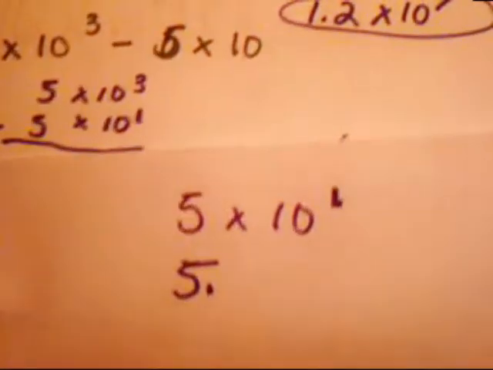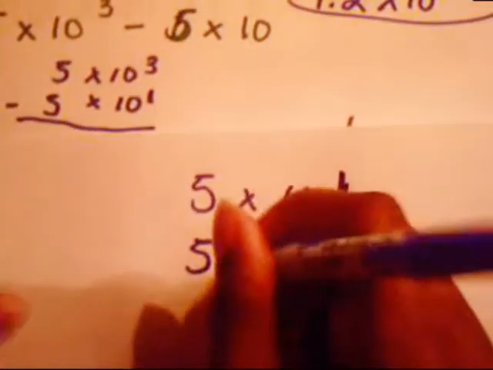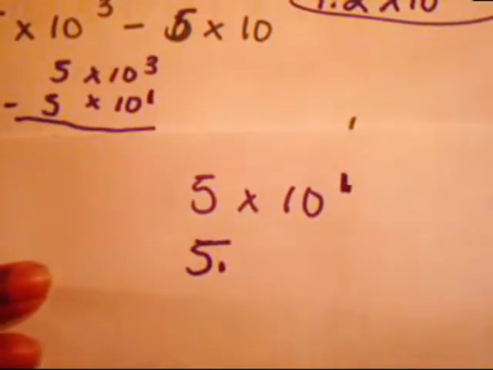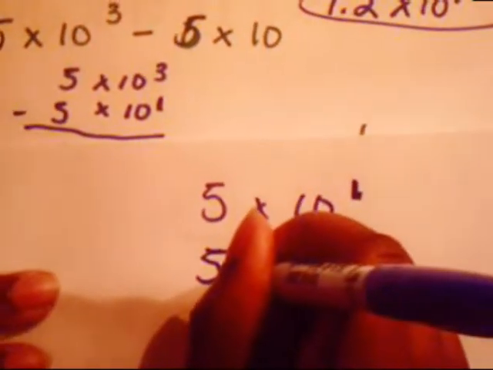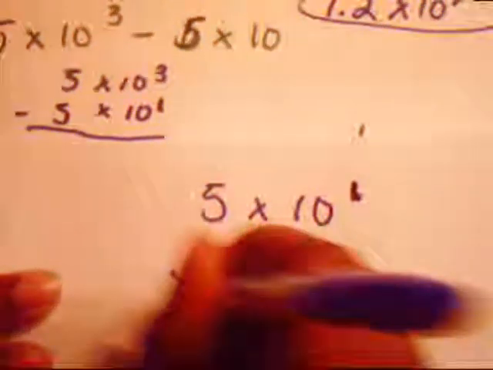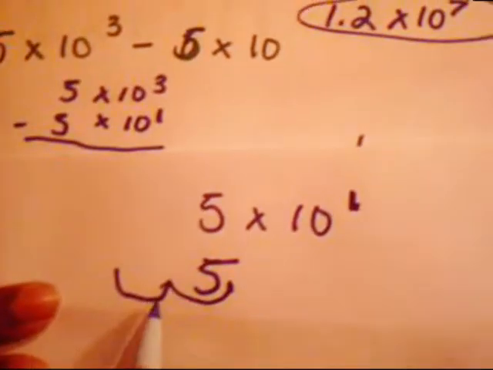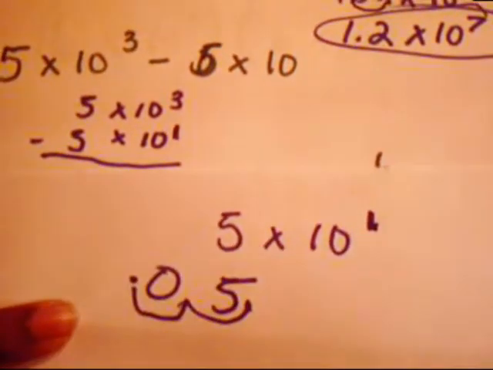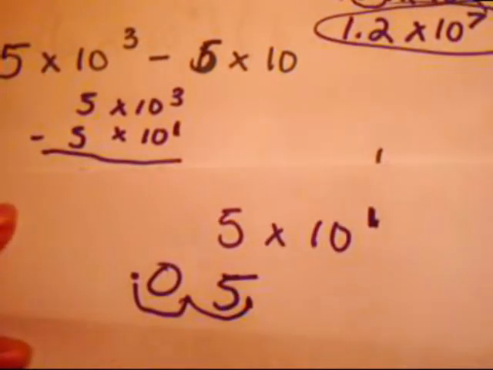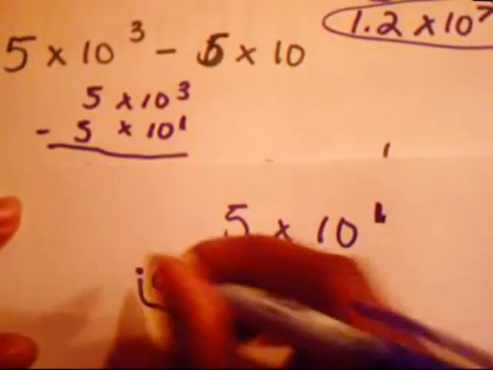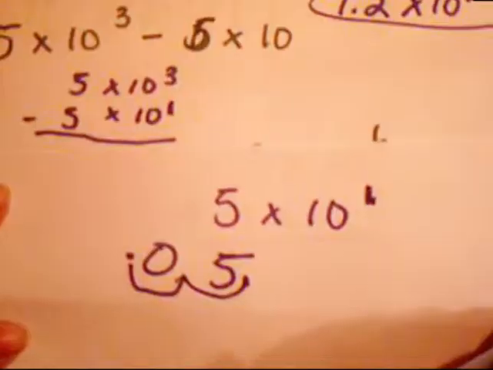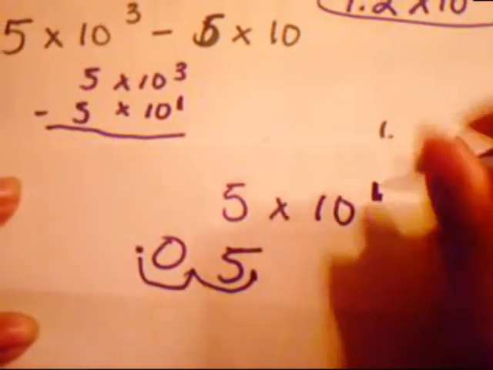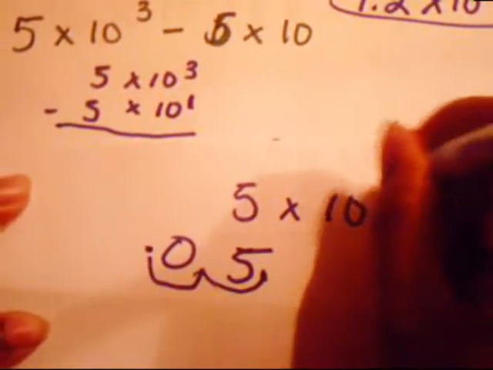I need to move my decimal point twice. How do I make 5 smaller? By moving my decimal point to the left. Once, twice. What do I fill in for blank spaces? Zeros. Okay. So what I'm really doing, guys, is just trying to make these match so that we can complete the operation. Since I moved it twice, I'm going to add the 2 spaces to this 1 to make 3.